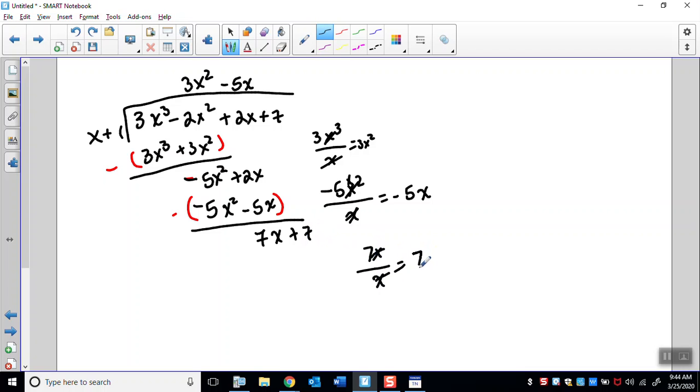The x's get crossed out, and you have 7. And that's what goes up here. Multiply it back out: x times 7 is 7x. 7 times 1 is 7. And this gets zeroed out. So my answer here is 3x squared minus 5x plus 7.